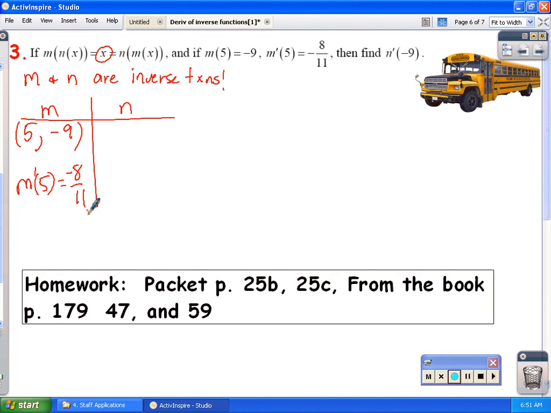They've asked me to find the derivative of n at -9, so n is the inverse, -9 is the x value, telling me that the partner y value is 5 because the x and y's switch places on inverse functions. And finally, we know that corresponding points on inverse functions have reciprocal slopes.